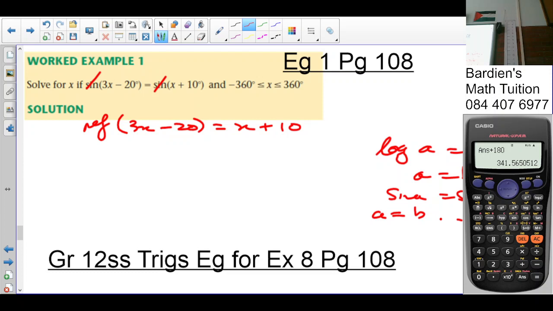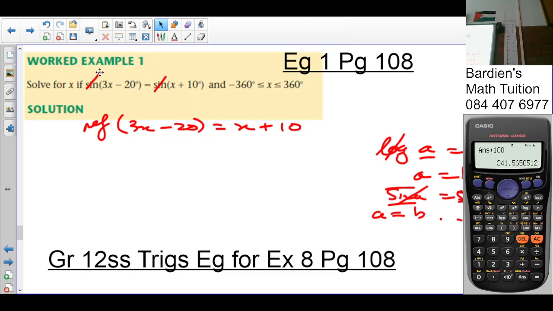We can drop sines on both sides, or cosines, or tans, and the angles would be equal to each other, provided that you go with the general solution. Does it make sense?